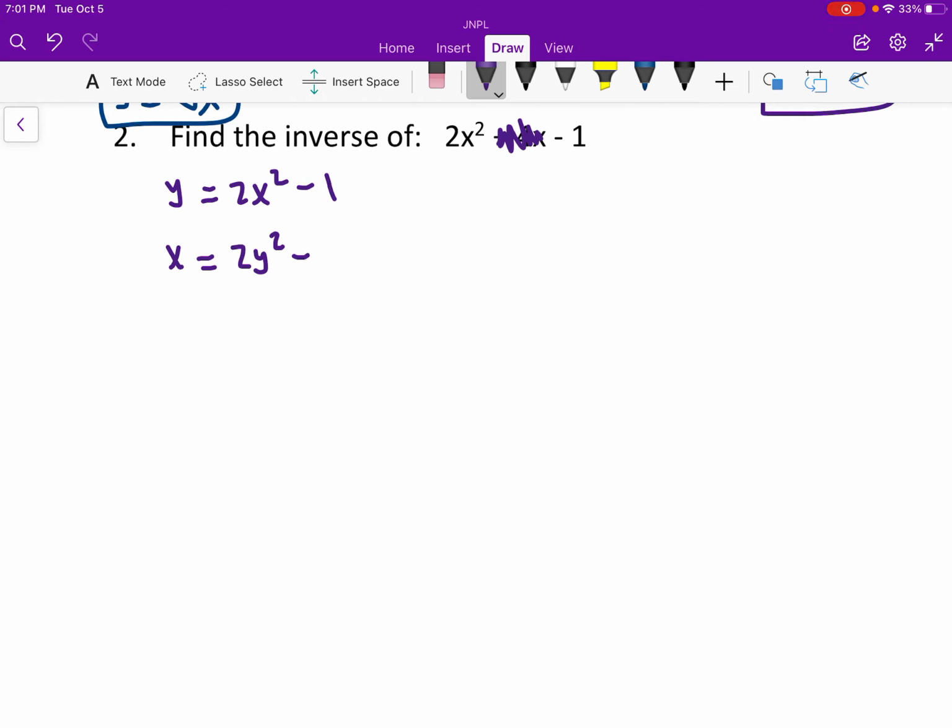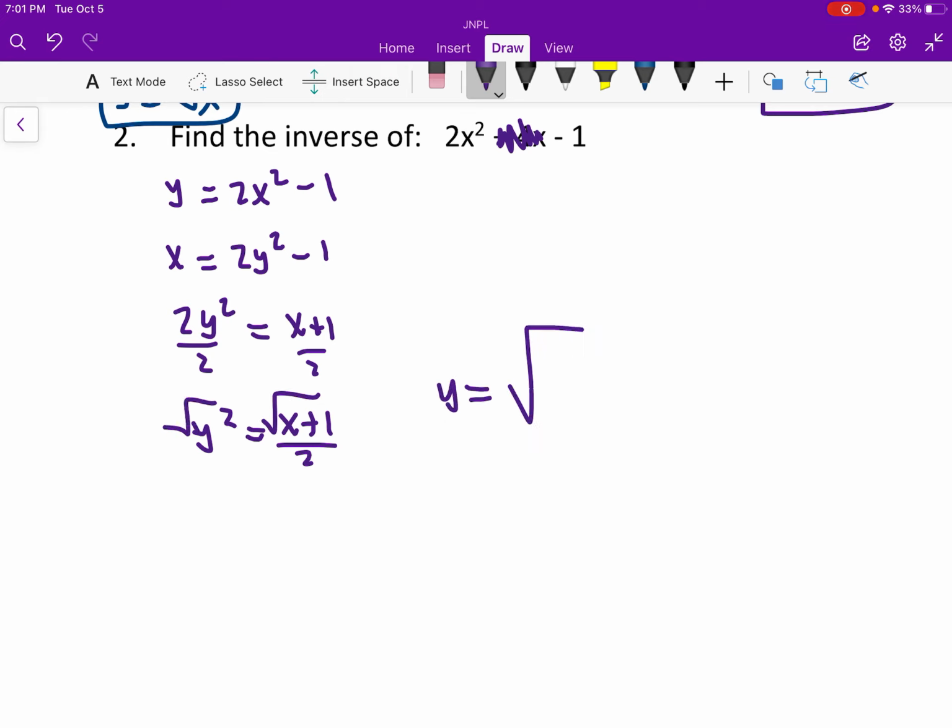Okay. So now we add 1. We're trying to get y by itself, remember? Divide by 2. Now, take the square root. So y equals the square root of (x plus 1) divided by 2.